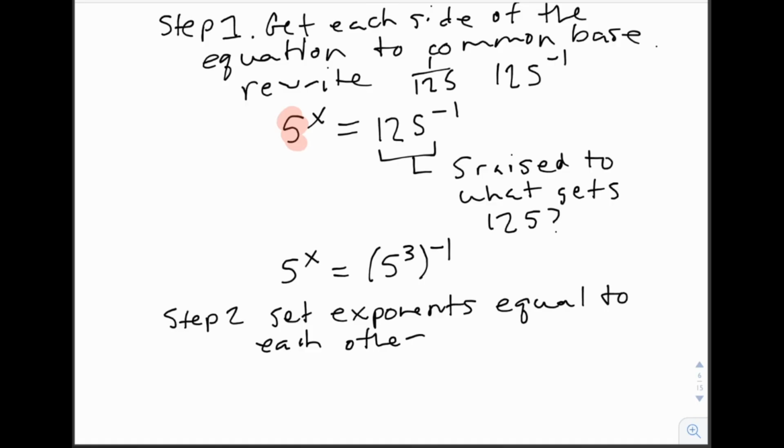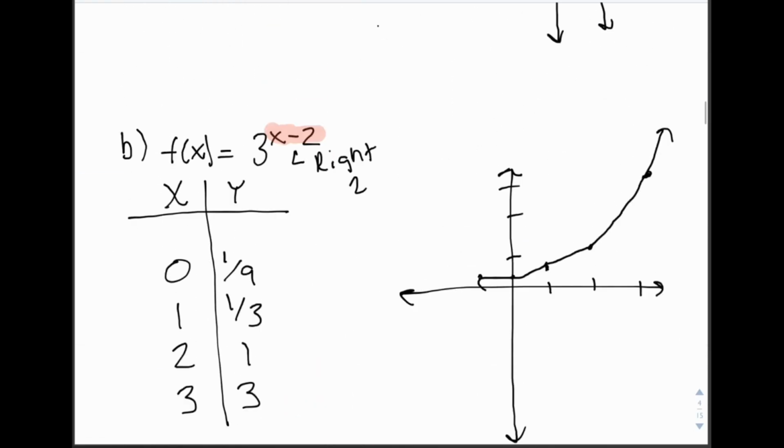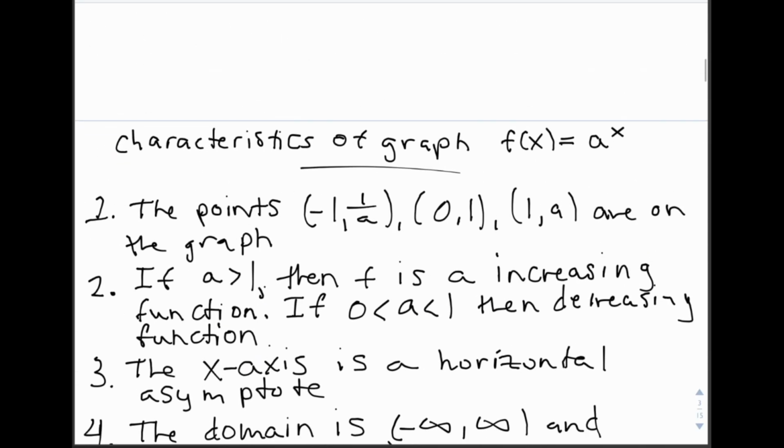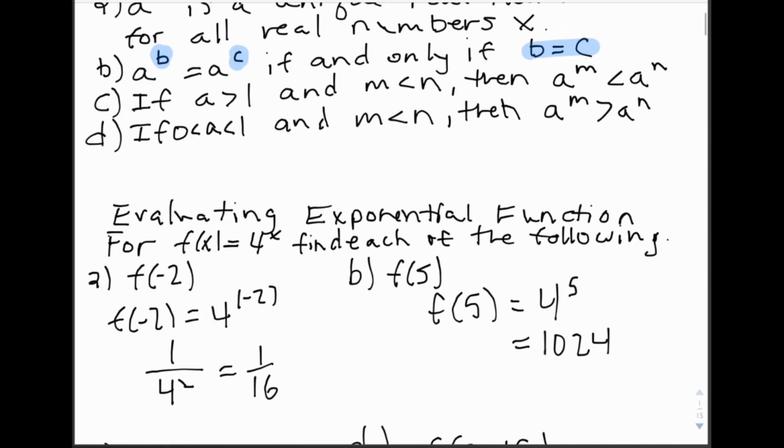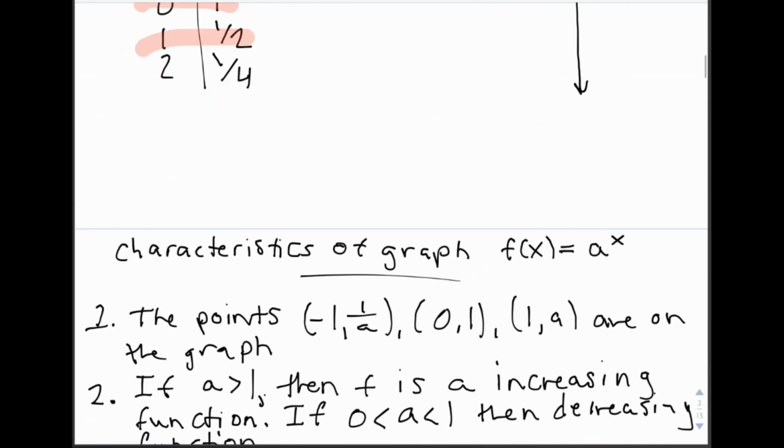And this is because of our property B. Let's take a look back up at our properties here. With property B, if we go all the way back up to the top, it says that a raised to the b is equal to a raised to the c if and only if b is equal to c. So what this allows us to do is, if we have the same bases, we can now set our exponents equal to each other.